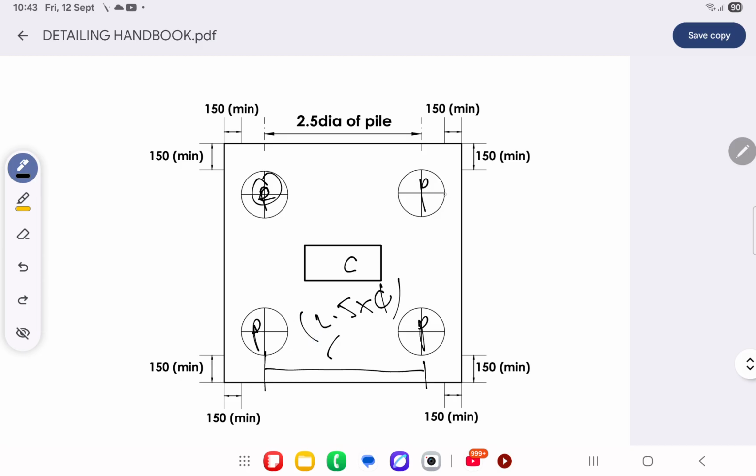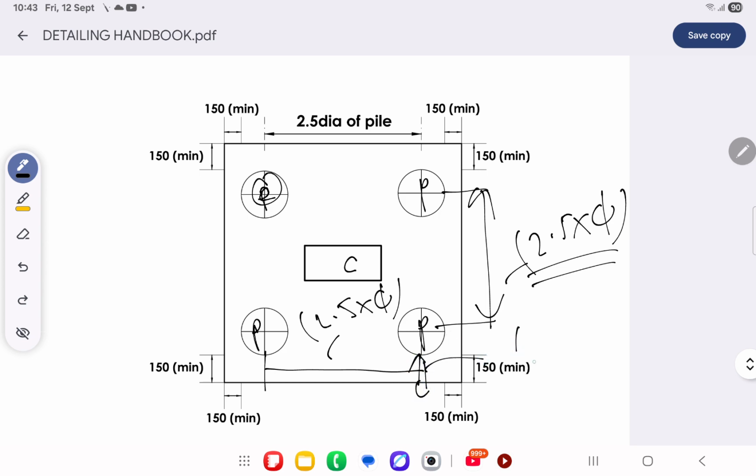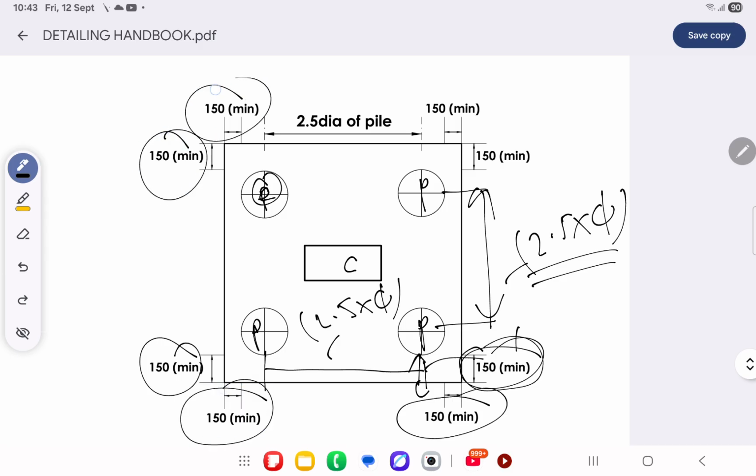From here to here, center to center, you have to go for 2.5 into the diameter of the pile, same. And from here to here distance 150 mm minimum, vertically 150 mm minimum and horizontally 150 mm minimum. You can see here, because I have created the drawing for you only, so that you can understand the plan with the figure also.